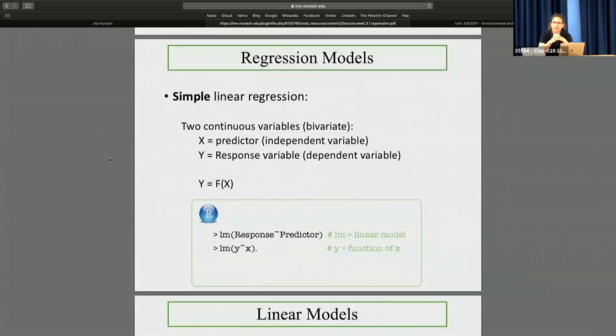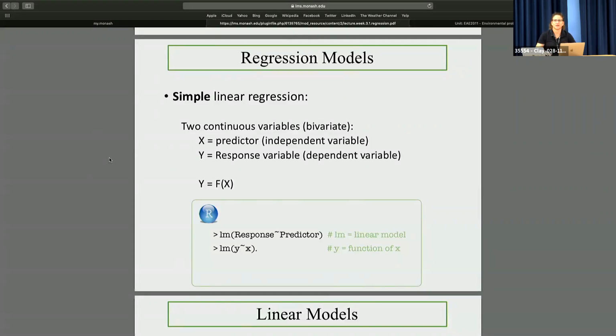In a simple linear regression, we have two continuous variables, so it's a bivariate regression. We have an x, and this time it matters who x and y is, because y is the function of x, and x is our predictor. It's an independent variable, and y is the response variable.